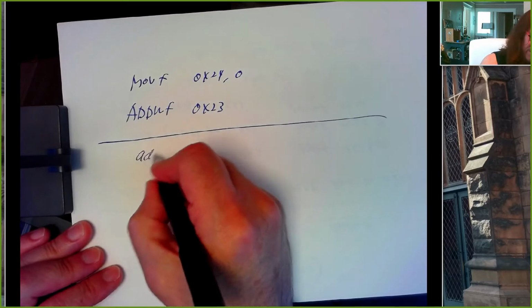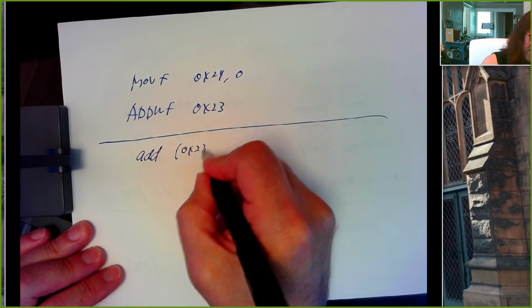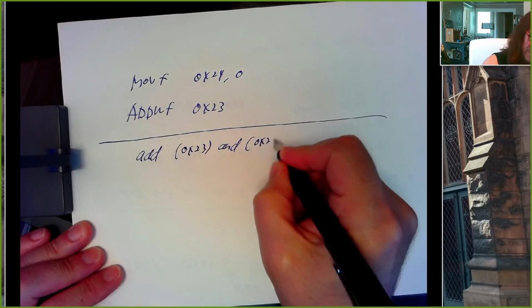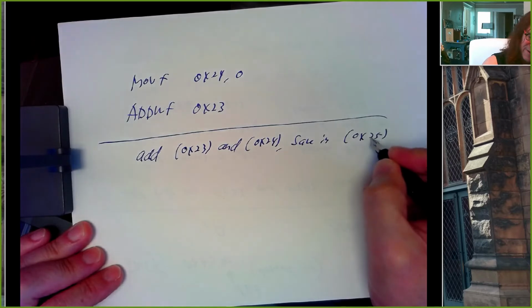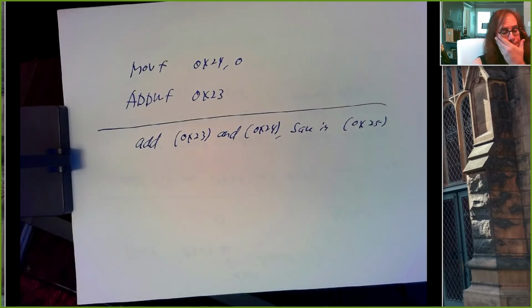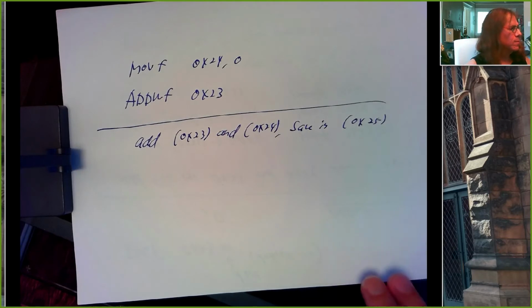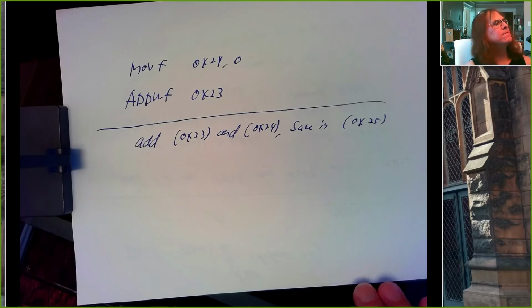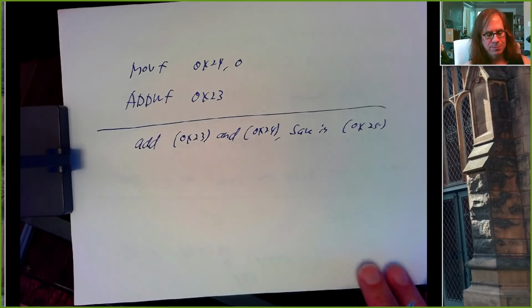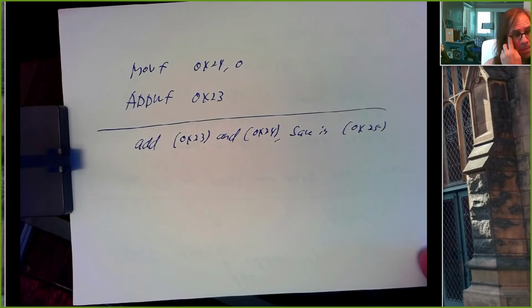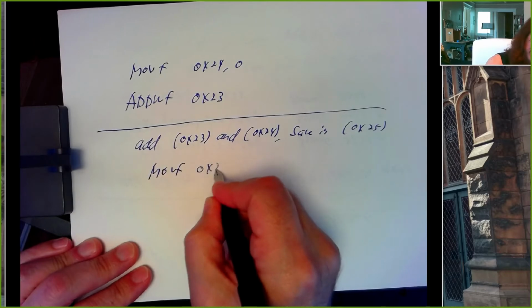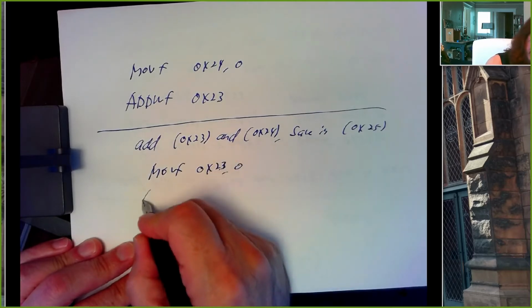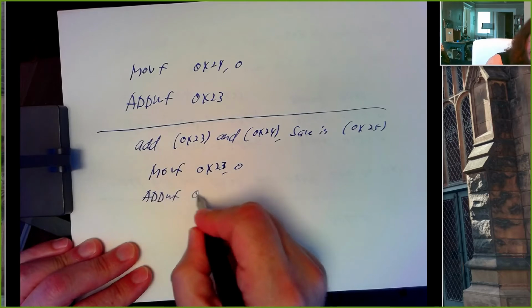Alright, so how about if we wanted to add the contents of file register 23 and 24 and save the result in file register 25. You would move either 0x23 or 0x24 to the working register, then you would add the other, and then you would do a MOVWF to the given destination 0x25.